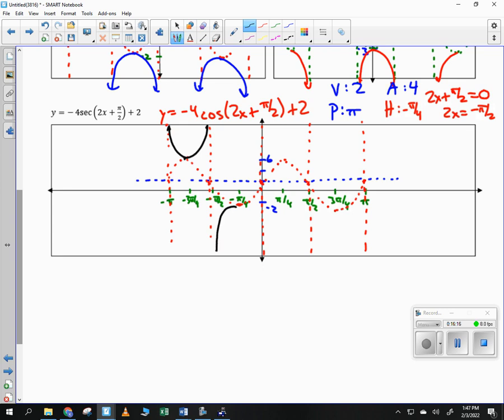Where it crosses the vertical shift, the axis of rotation right there. You are correct, it is a horizontal line. Thank you.